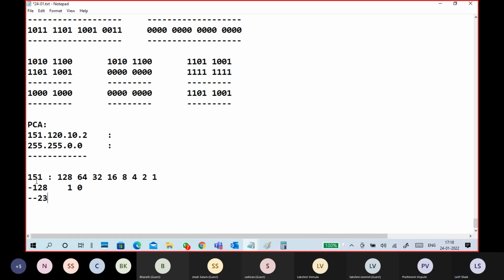Now 23 compared to 64: 23 is smaller, put a 0. 23 compared to 32: smaller, put a 0. 23 compared to 16: 23 is bigger, put a 1.